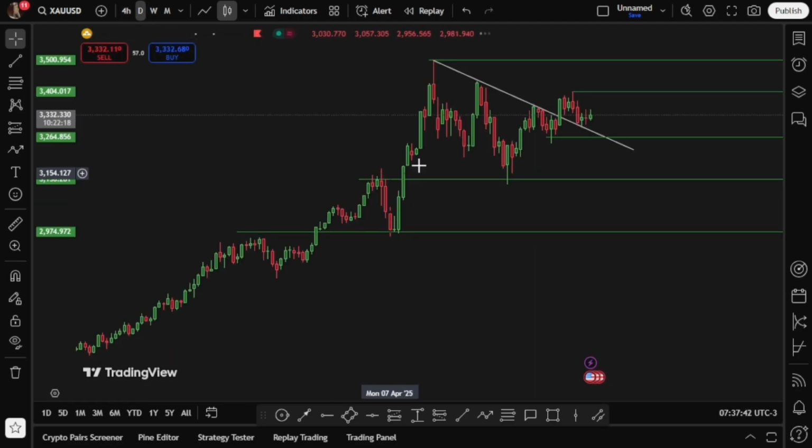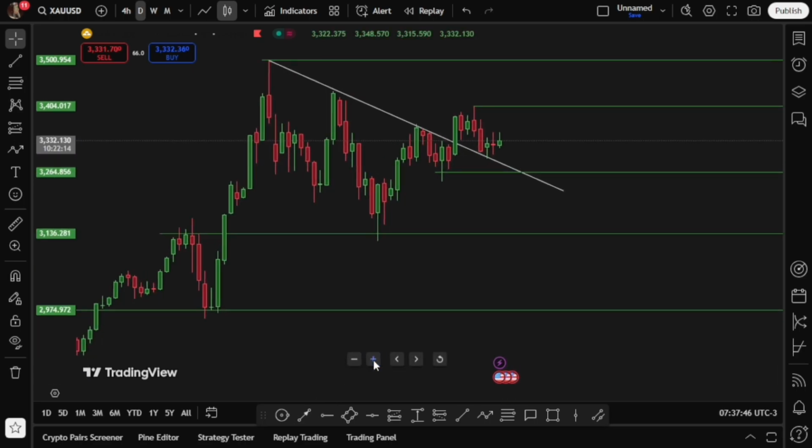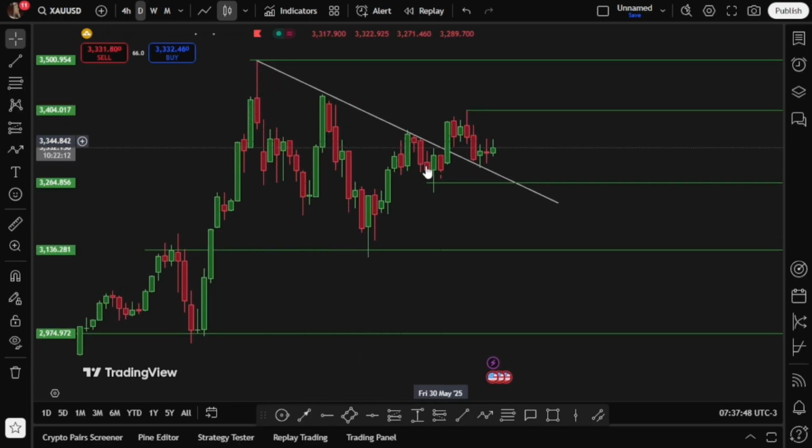If you check on the daily time frame, when gold stopped going downwards, it started creating a higher high, higher low, higher high, and a higher low. For gold to stop moving upwards, two things need to be taken into consideration: number one, a break of the trend line, and a break of structure.